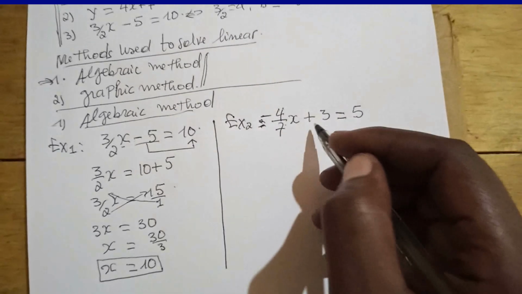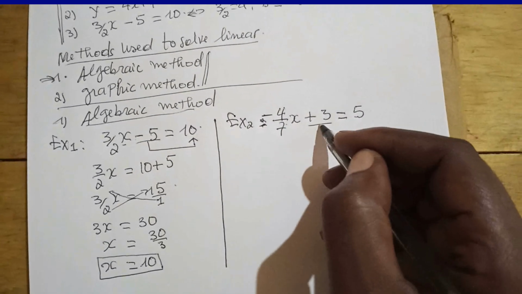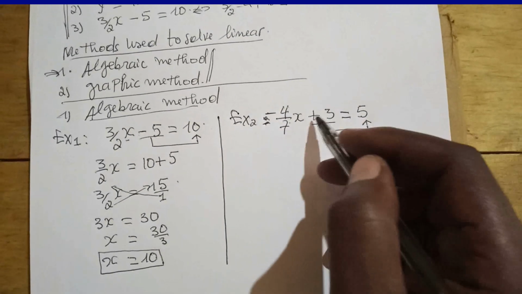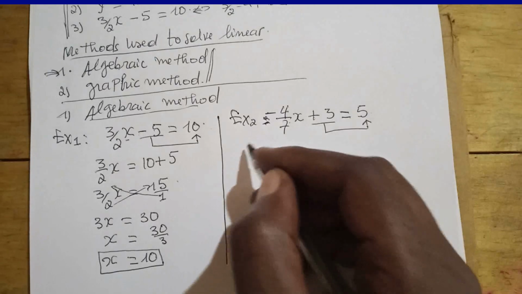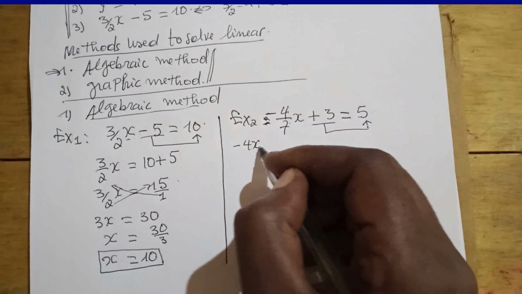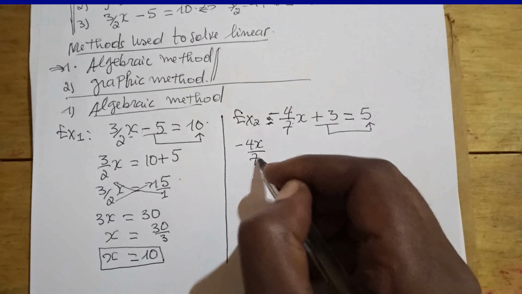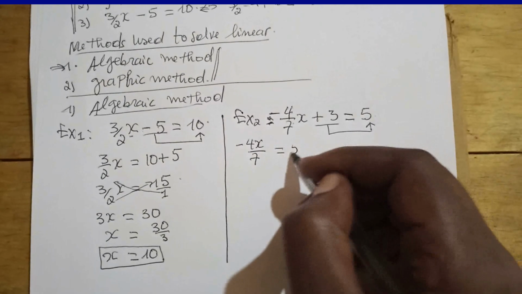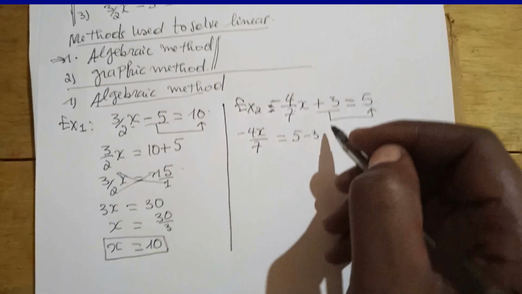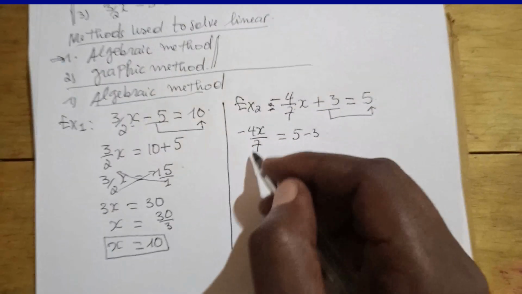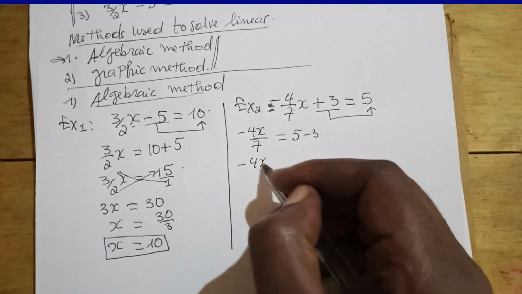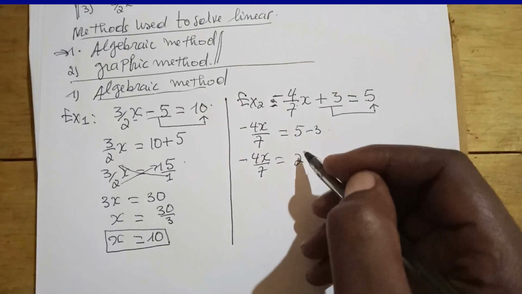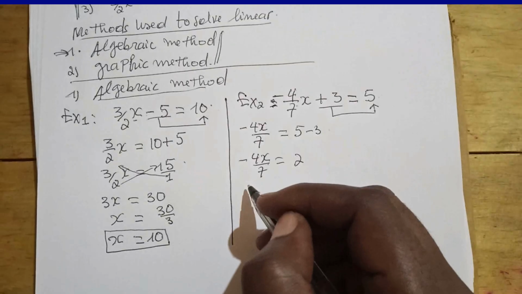Then to determine the value of x, we take this positive 3 to the right side of the equal sign. This positive becomes a negative. Then we have negative 4x over 7 equals 5 minus 3. Then we have negative 4x over 7 equals 2.